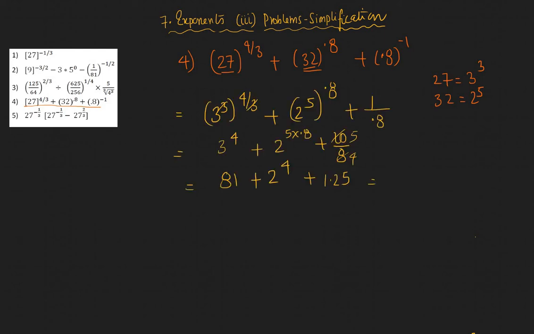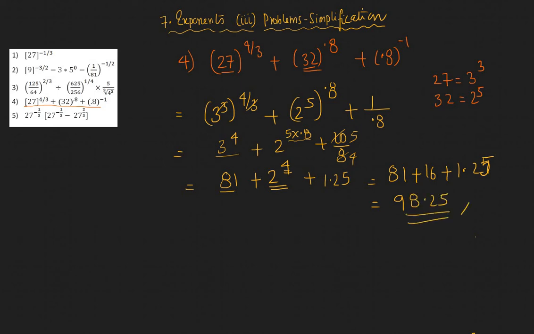You substitute 3 cube and 2 power 5, and then you see that magically the decimal in the top vanishes, because 5 into 0.8 is 4. So this whole thing becomes 2 power 4, and 3 power 4 translates to 81, and 1 by 0.8 becomes 10 by 8, which is 5 by 4 or 1.25. So the whole thing would be 81 plus 16 plus 1.25, or in other words, 98.25.